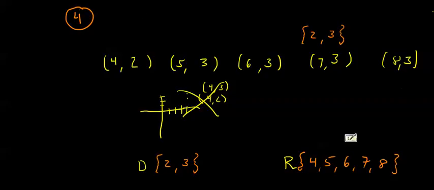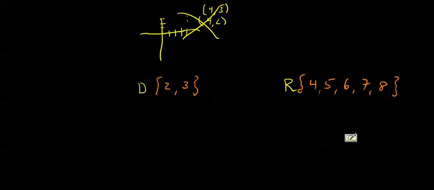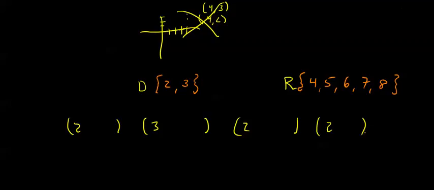So if my domain is 2 or 3, and my range is 4, 5, 6, 7, and 8, I don't know how many times 2 is used, but at a minimum, since there's 5 points, one of them is used multiple times.